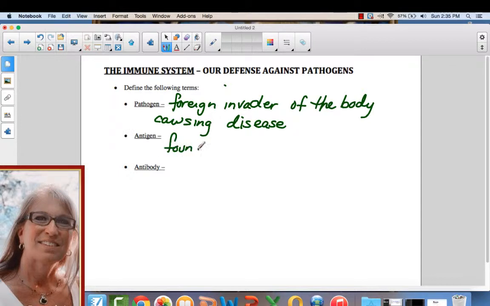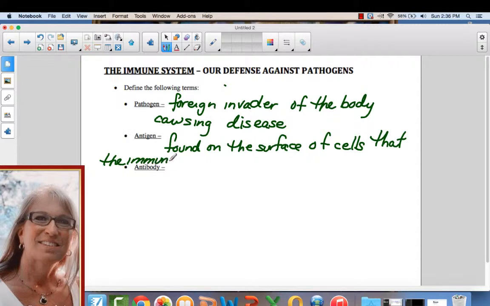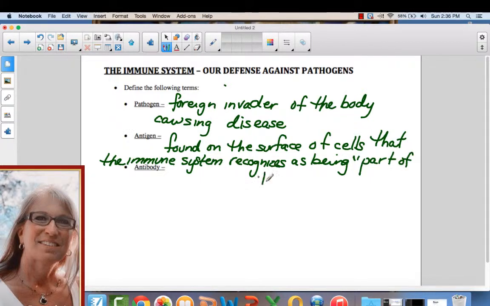It is found on the surface of cells that the immune system recognizes as being part of the body, meaning it belongs there, or as an invader.